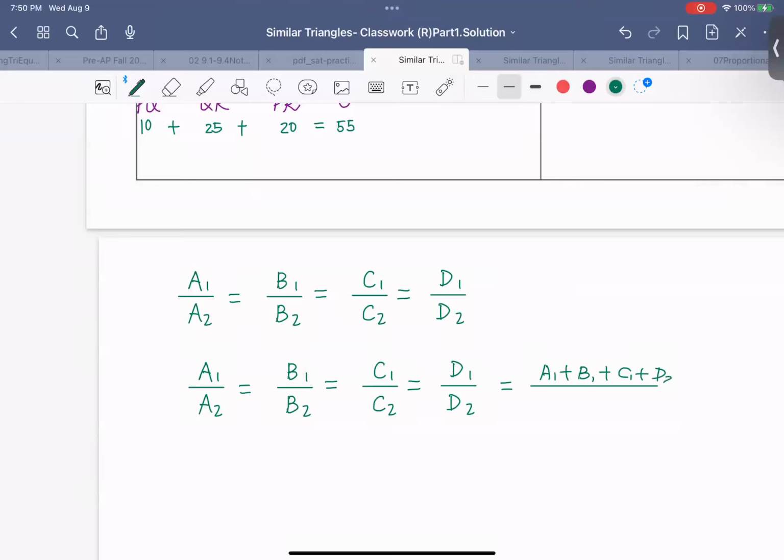No matter how many terms you have. If you have 100 columns equal, you can add all the 100 tops and 100 bottoms. The ratio is going to be equal.